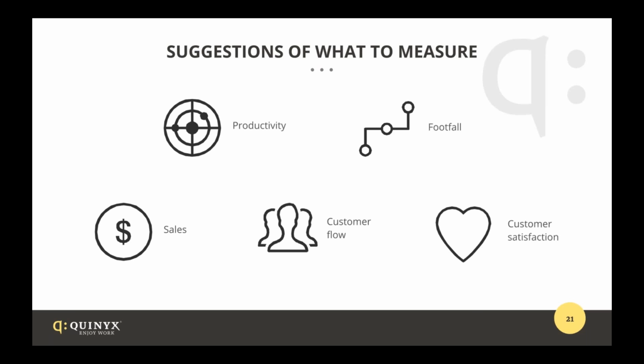Footfall is, of course, another good measurement. It could also be called guest count or similar. Sales, the most common one for obvious reasons. In the end of the day, it's the money that counts. So sales revenue is absolutely a key. Customer flow, another one. So how is the customer flow within the store, for example?